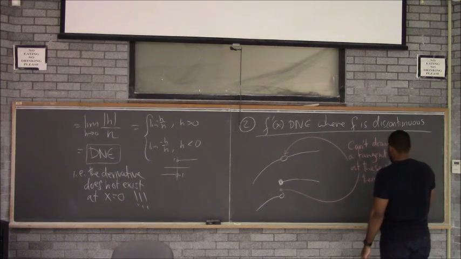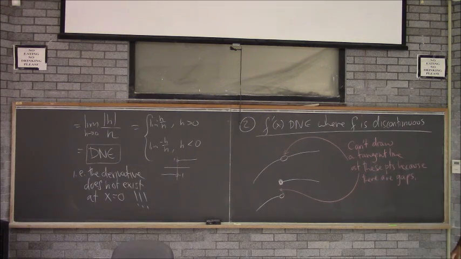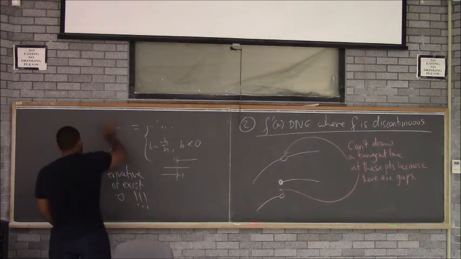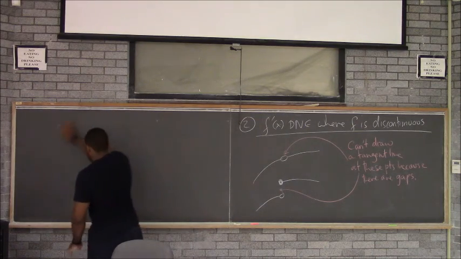Because there are gaps. Gaps won't look like a straight line no matter how much you zoom in. It'll always be a gap. So if we're not continuous, the derivative won't exist. If we're at a sharp corner, the derivative won't exist.